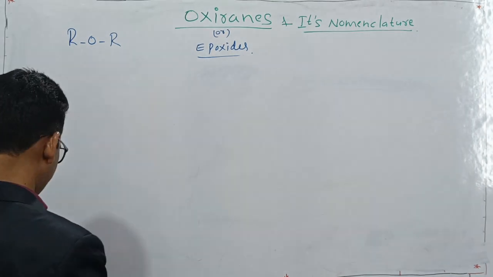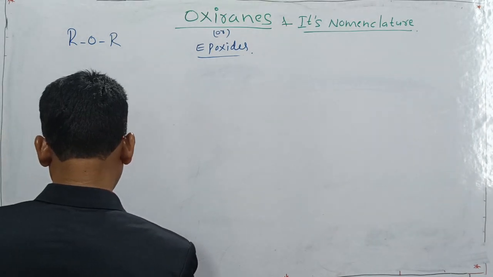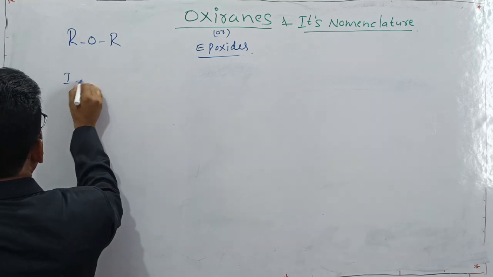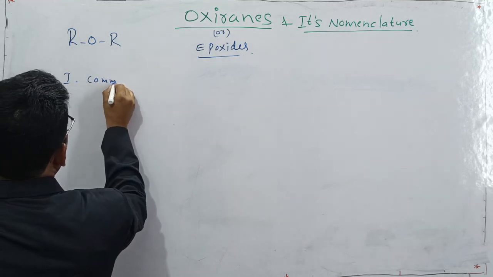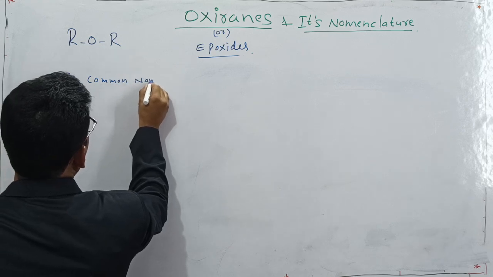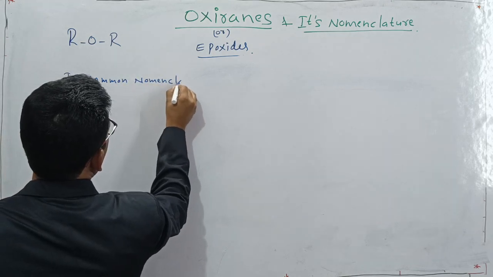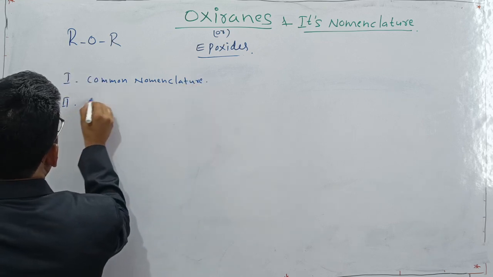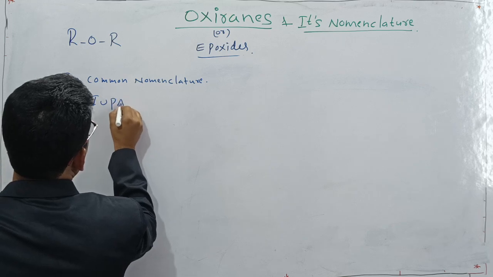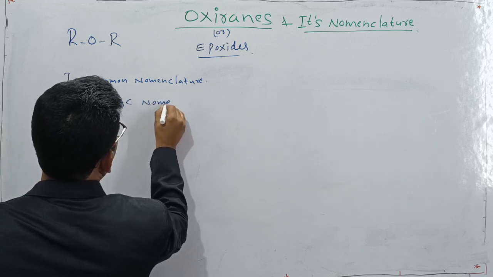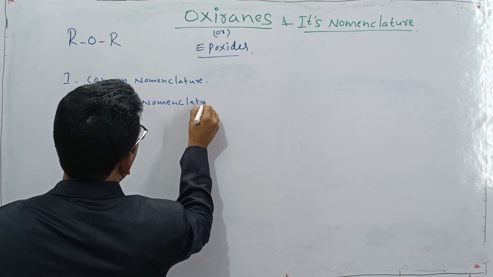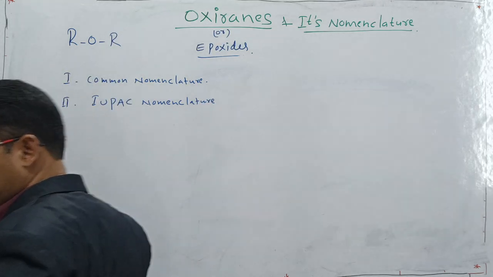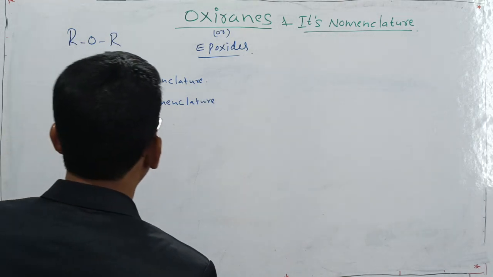Here I told you one nomenclature is based on the common system, that is called the common nomenclature. Another one is the IUPAC nomenclature. Now we'll go for the first one, based on the common system.